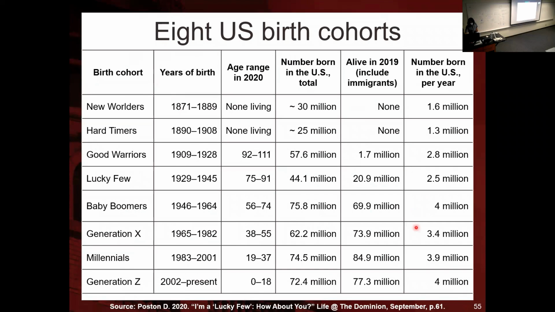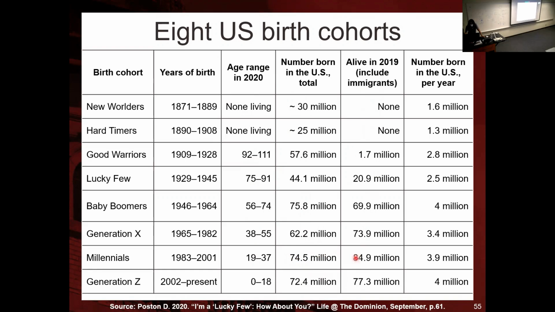This table here, I got it from a short article that Dudley Poston wrote recently, in September last year, 2020. It also tries to summarize these different cohorts from New Worlders until Generation Z: years of birth, age range in 2020, number born in the US, and the total alive in 2019, including immigrants.